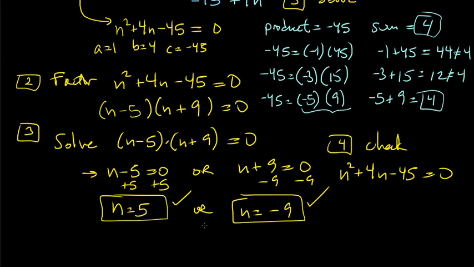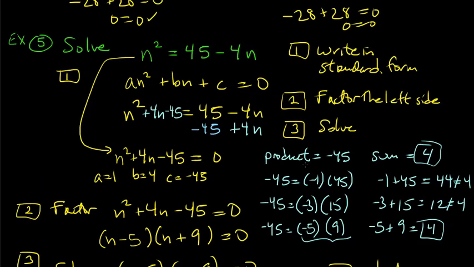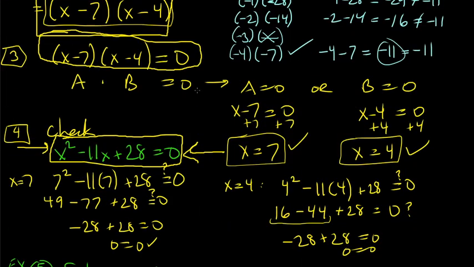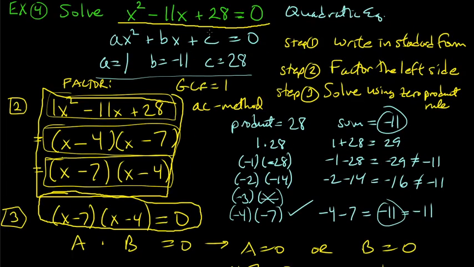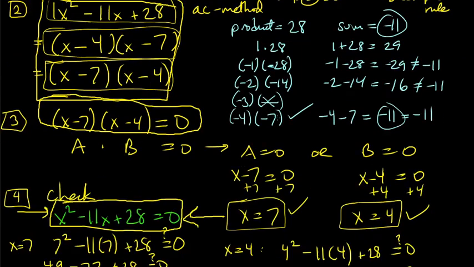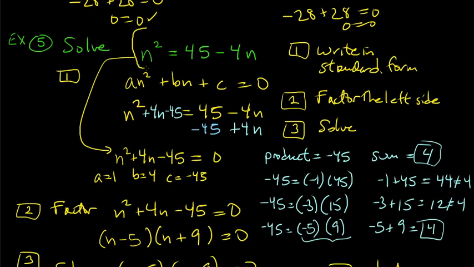Everything checks out. The only difference with the previous problem is that the first example was in standard form, and this example was not quite in standard form. So you do have to put it in standard form first before you can factor it.